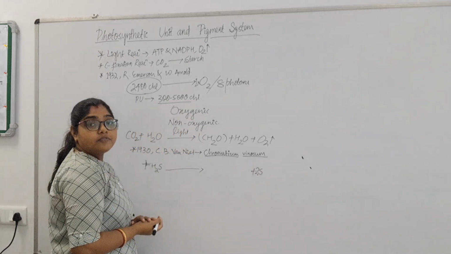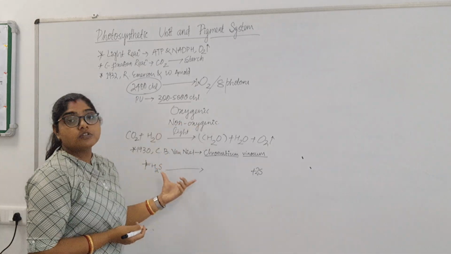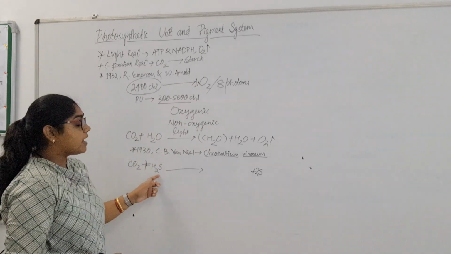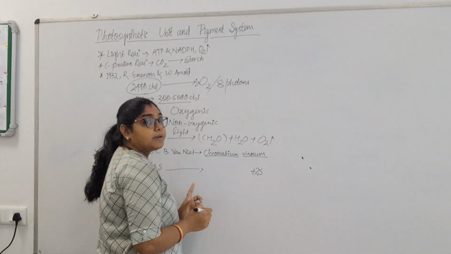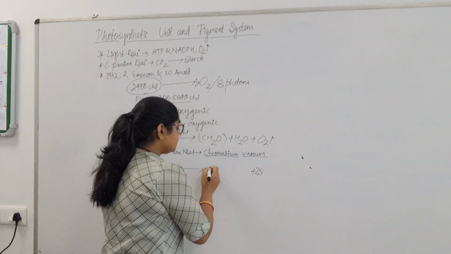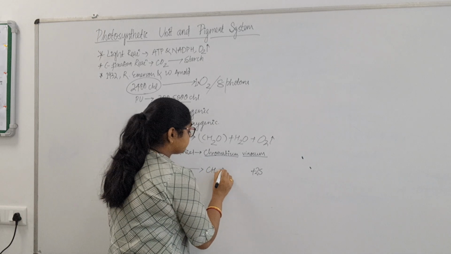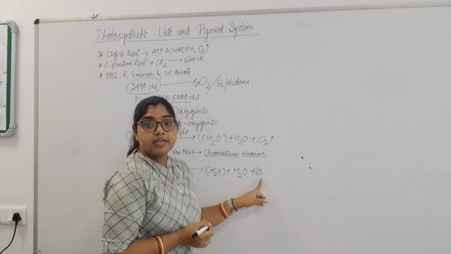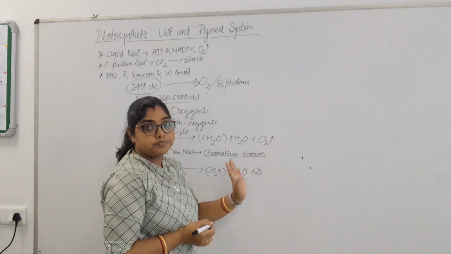So in the non-oxygenic photosynthesis process, carbon dioxide with hydrogen sulfide, in the presence of light and bacterial chlorophyll, produces starch, water and sulfur instead of oxygen molecule.